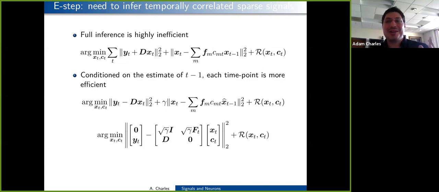It turns out that's exactly what we need here. We could rewrite this as an optimization where, given the data at time t, we're finding both the state at time t and the dynamics that took us to the state at time t, conditioned on the previous estimate of the state.